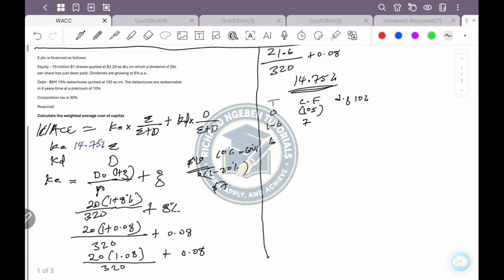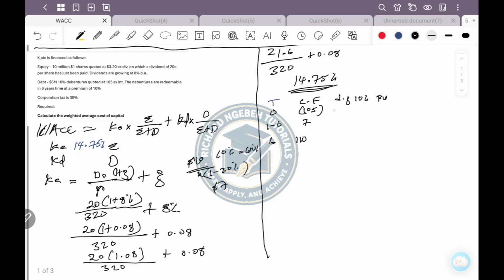So if it exceeds the nominal value, all you're gonna say is the nominal value plus the premium. So it is going to be redeemed at 110%. So in that light, you want to solve for your present value.